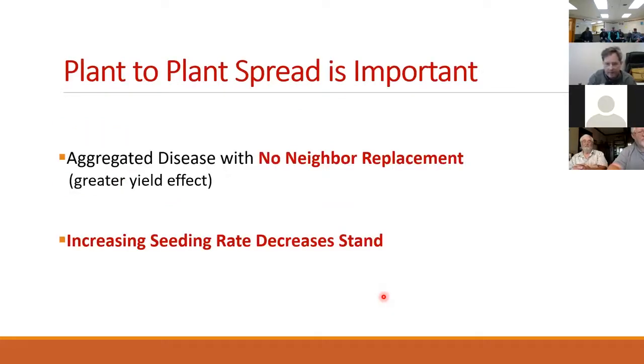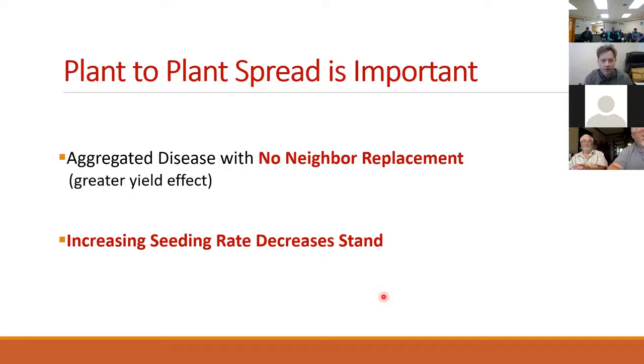What that means for us is the disease caused by Pythium and Rhizoctonia tends to be aggregated. And that means that you tend to have no neighbor to take advantage of you being missing, right? So if you have diffuse disease and you lose a plant, the neighbor takes advantage of the nitrogen and phosphorus and moisture that you didn't use and produces even more grain.